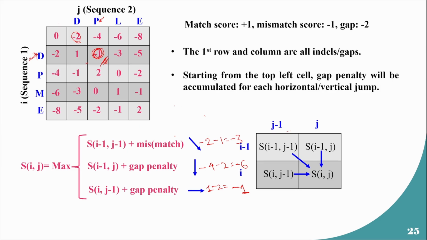For example, in this particular case, after filling the entire grid, what will be the net alignment score for DPLE versus DPME in the Needleman-Wunsch algorithm? What will be the optimal or global alignment score?